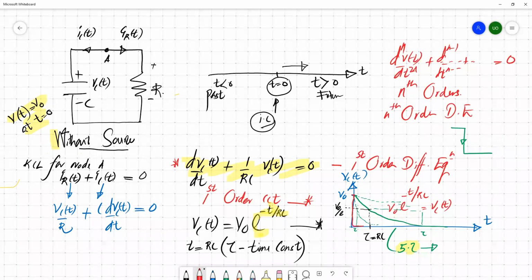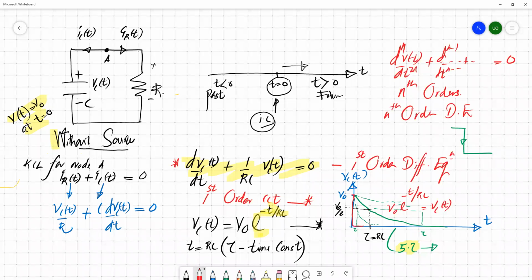The number of capacitors and inductors may give a hint about the order of the circuit, but it is not always true. In certain special cases, if you have n capacitors, there may be a chance to reduce them to a single capacitor. Then it won't be an nth order differential equation or nth order circuit.